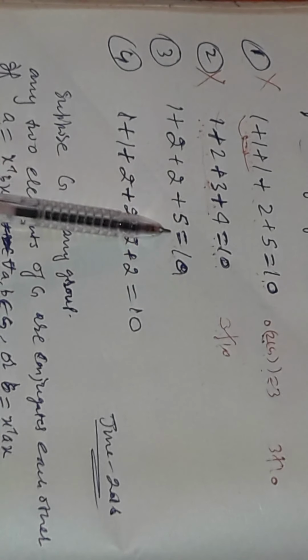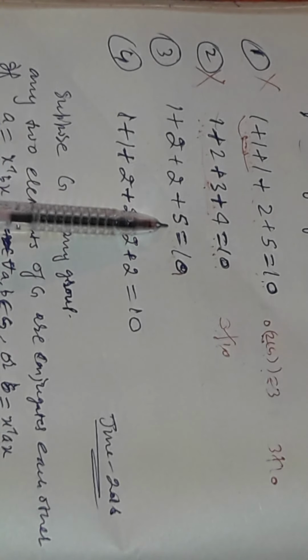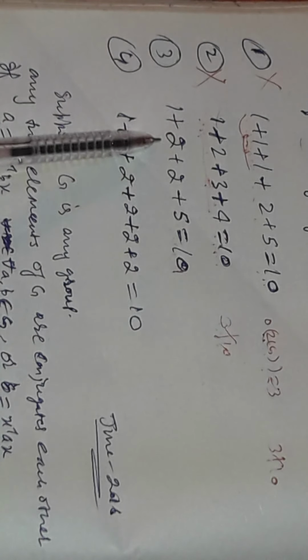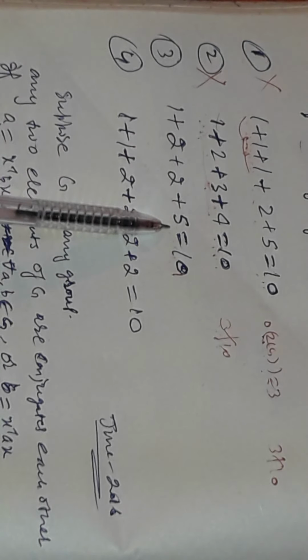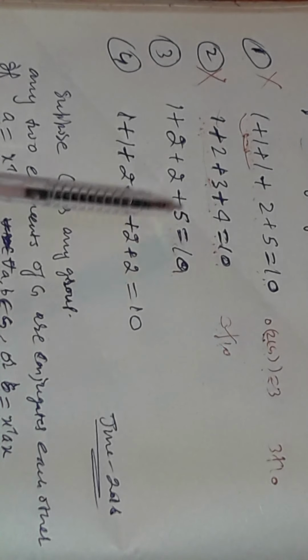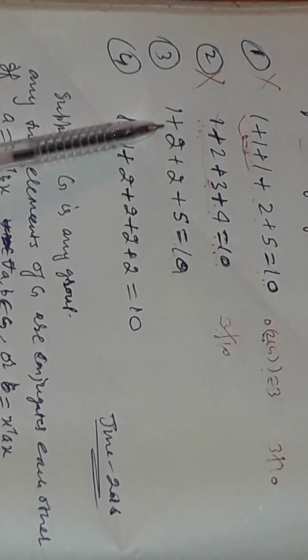In order to talk about the dihedral group, I already informed you that the class equation of a dihedral group, whenever n is odd, is 1 plus n plus 2 and so on, up to until the order is maintained. So here this is a dihedral group, D5, and the center of D5 is 1.